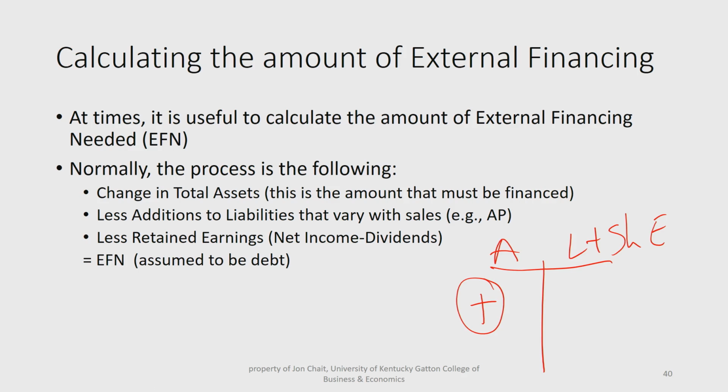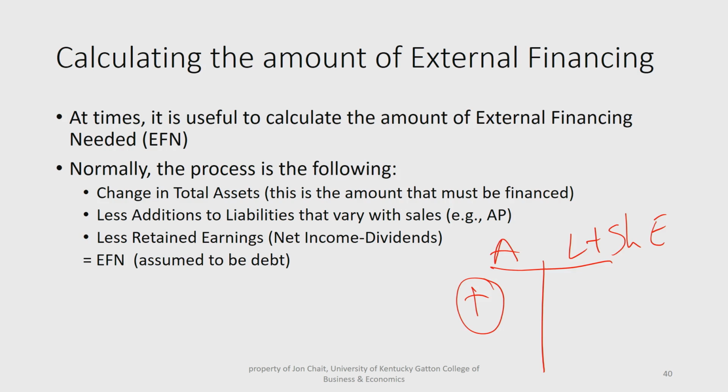By the way, please make sure the assets go up if you have an exam question, because some goofy professor, I won't mention any names, but some goofy professor sometime will say, like, what's the EFN under these conditions? And what you'll find is that this is not a plus, it's a minus. And what's the EFN on that? 0. Stop. Don't do anything else. The answer is 0. You don't need to do anything. Don't spend any time on it. So just make sure that it is a plus.